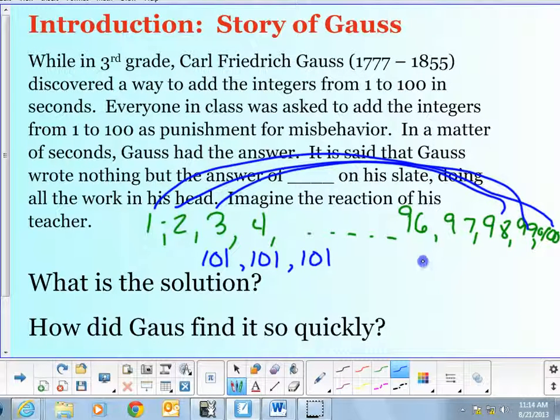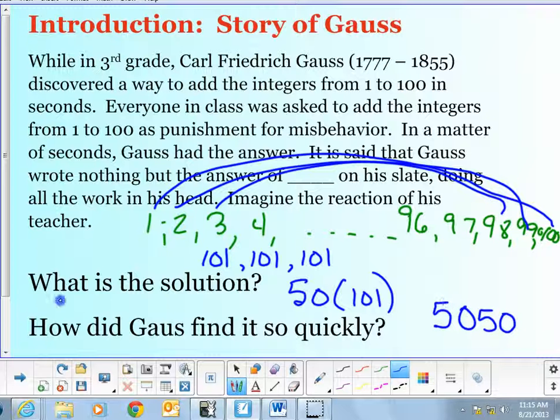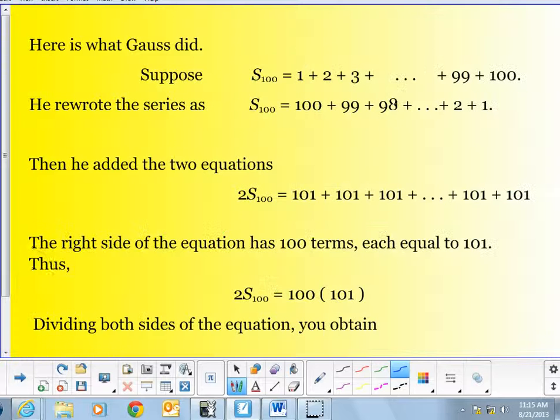Now, if there's 100 terms, how many times is he going to have to add up 101? 50 times, because the first and the last one together made the 101, so there's only 50 combinations of that. So take 50 times 101. What is it? 5,050.